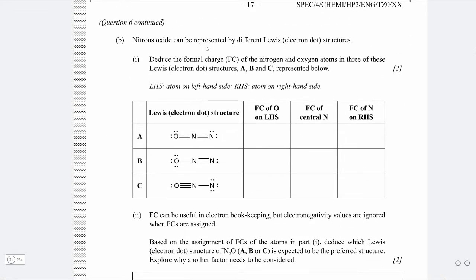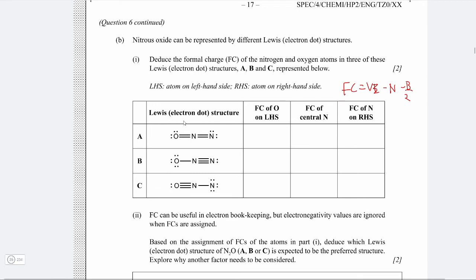Next one, nitrous oxide can be represented by different Lewis electron dot structures. Deduce the formal charge. Okay. So formal charge equals valence electrons minus non-bonding minus bonding electrons divided by 2. So formal charge on oxygen on the left hand side.